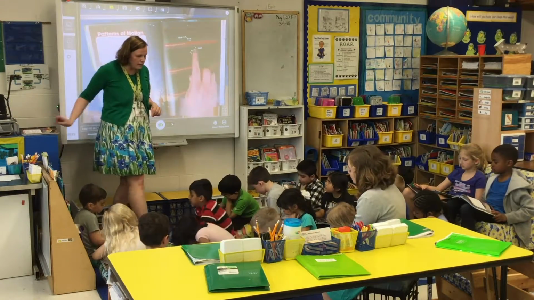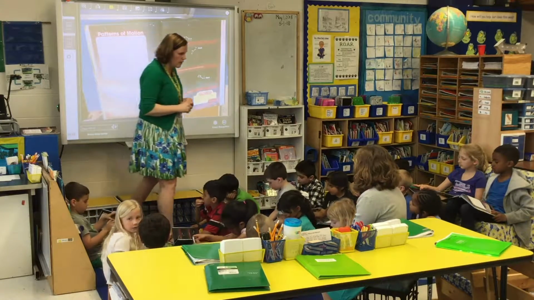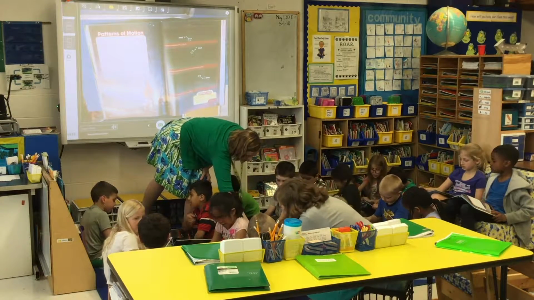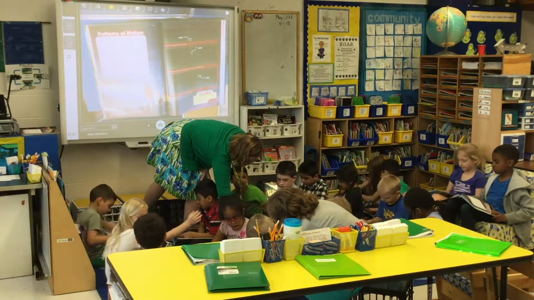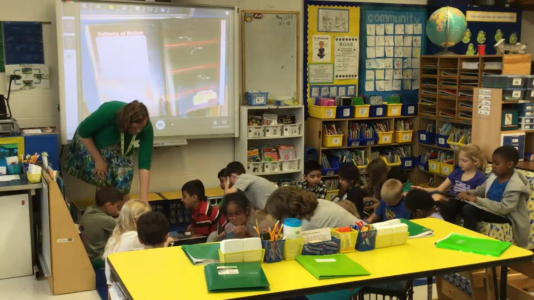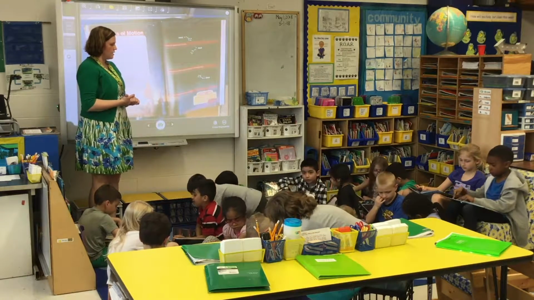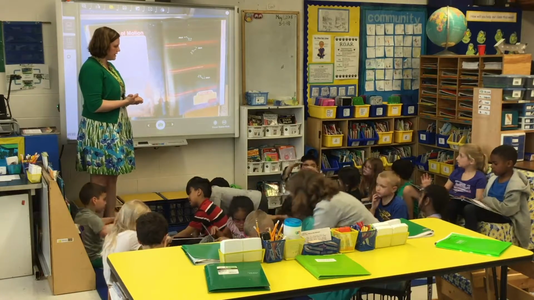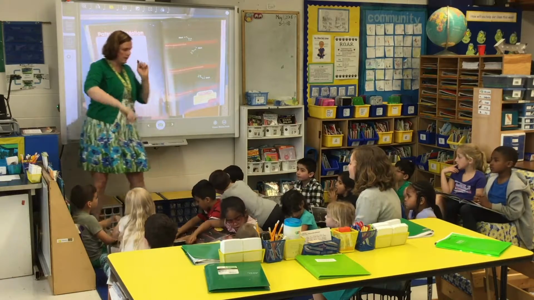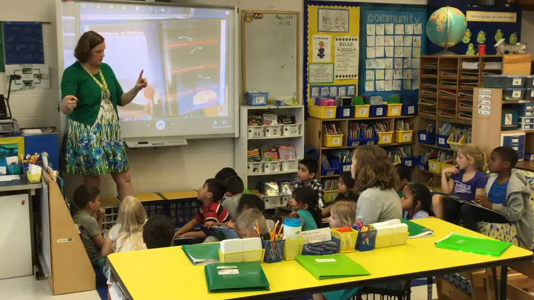Tell your partner, where did that star move? Turn to your partner and tell him where that star moved. Where? It moved and they are actually tracing the pattern that the star was moving.